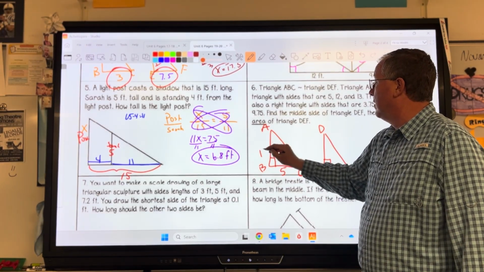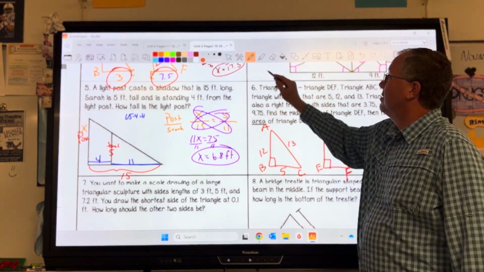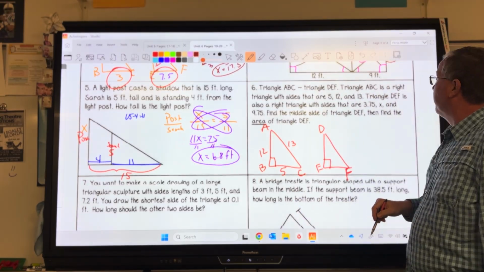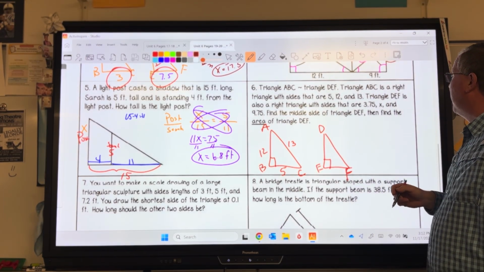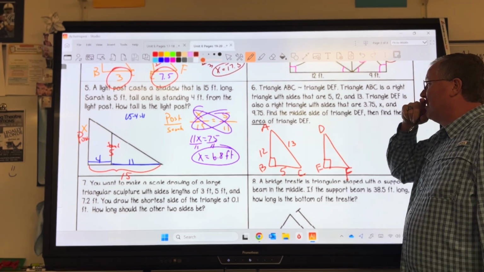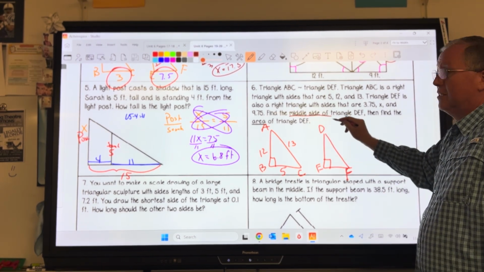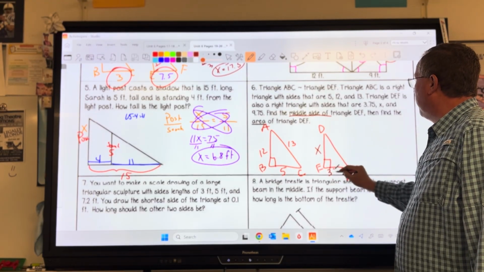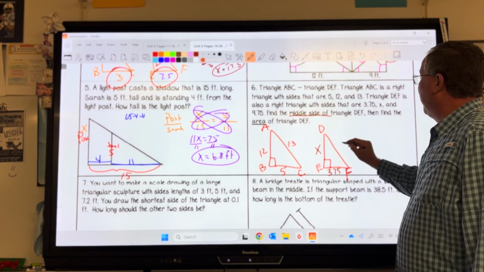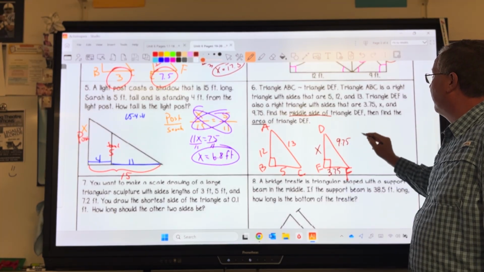This is 5, this is 12, this is 13. It goes on and says, triangle DEF also is a right triangle with sides that are 3.75, x, and 9.75. Find the middle side. So we're looking for this side right here. That means this is 3.75, middle, and this one is 9.75.